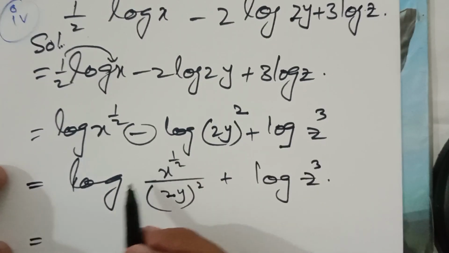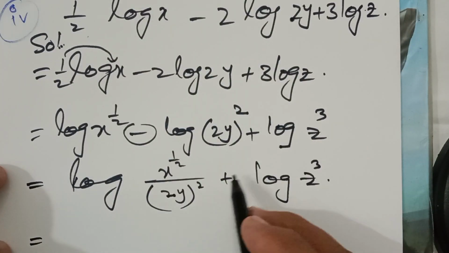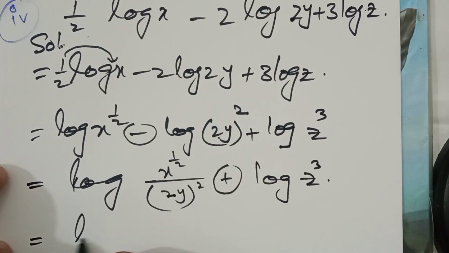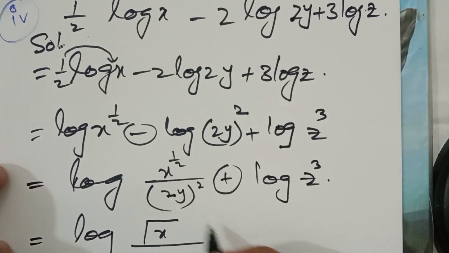So if this is a single log and this is also a single log, with a positive sign, we can write it as a product: x raised to the power 1 over 2, the square root, divided by 2 raised to the power 2, which is 4, y raised to the power 2 is y squared, and the product of z raised to the power 3.